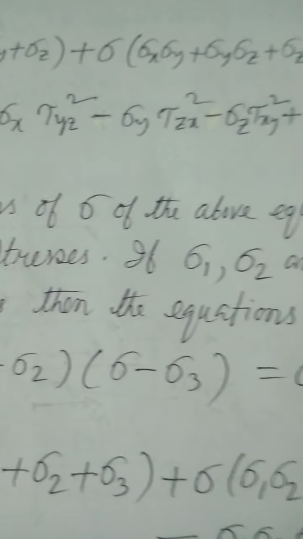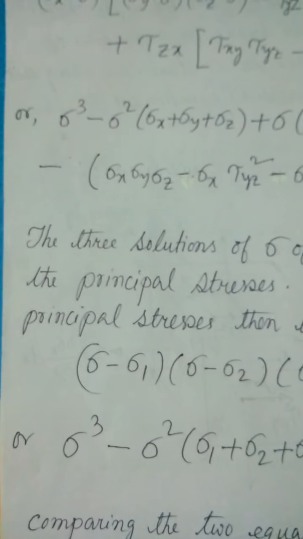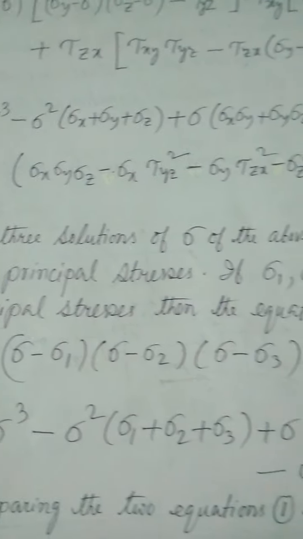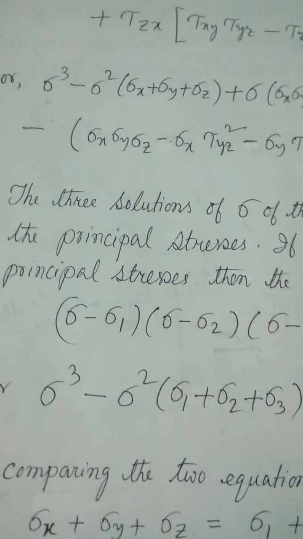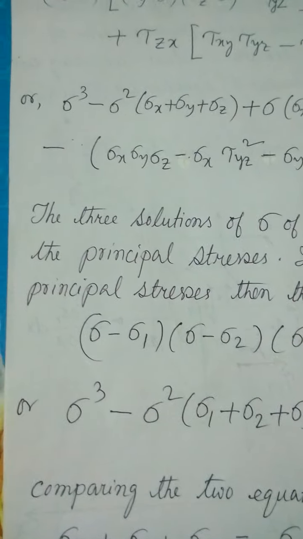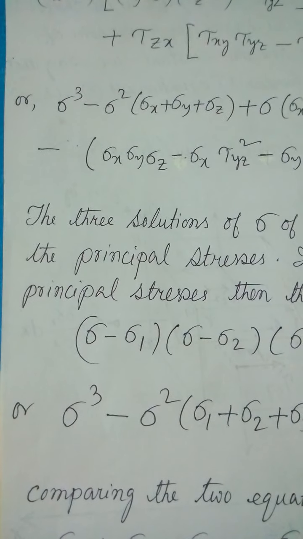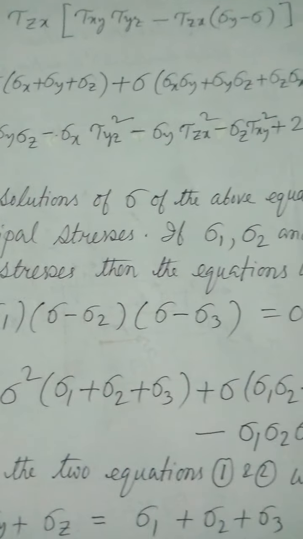This equation will give you three values of sigma, that is sigma 1, sigma 2 and sigma 3.